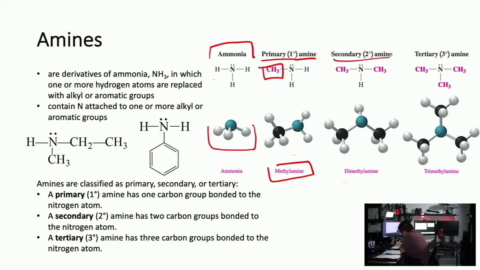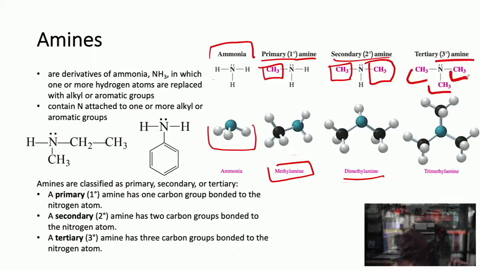A secondary amine has 2 of the hydrogens replaced. In this case, it's 2 methyl groups, so we'll call that dimethylamine, and that's a secondary amine. And in a tertiary amine, all 3 hydrogens are replaced, and so we call that triethylamine.